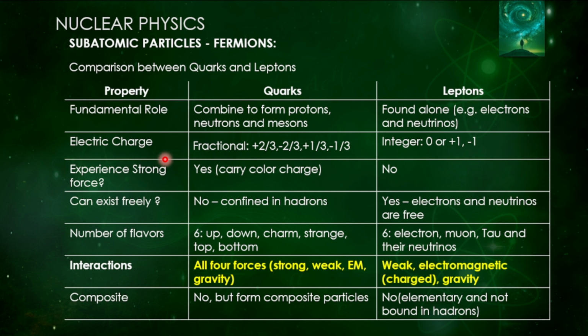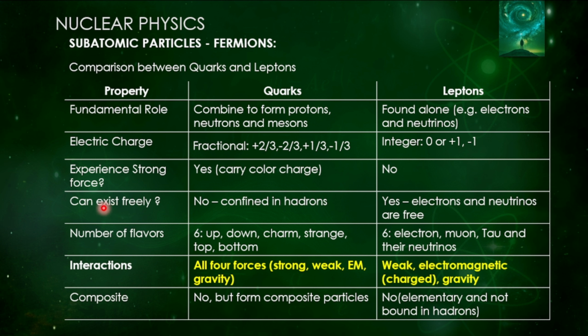Quarks experience the strong nuclear force, so they carry what we call a color charge, but leptons are not affected by the strong nuclear force. Instead, they interact through the weak nuclear force, electromagnetic force, which acts on charge, and also gravity.